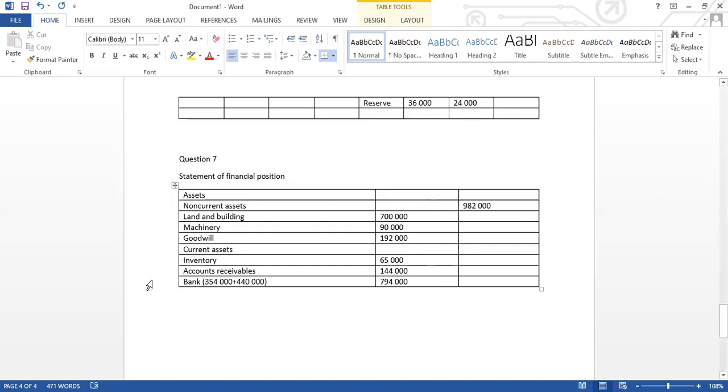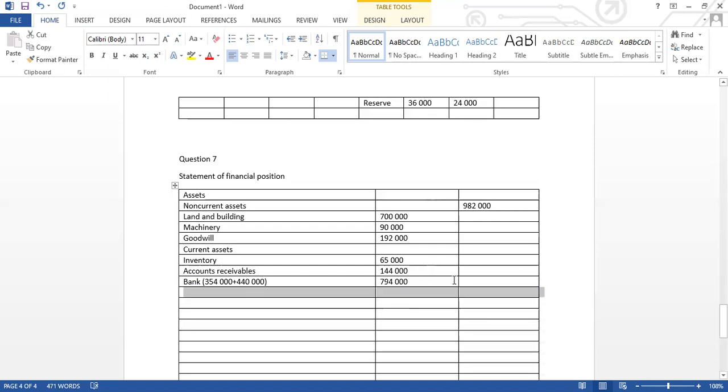What is our total current asset amount? If you add these three amounts, it is 1,003,000.